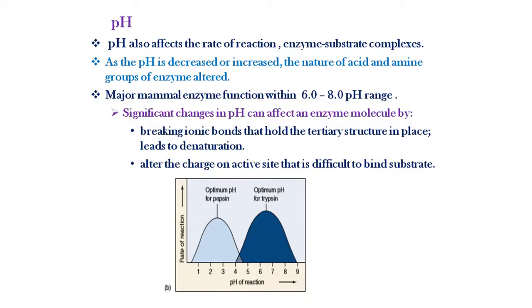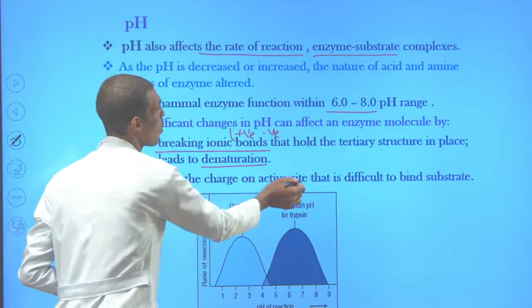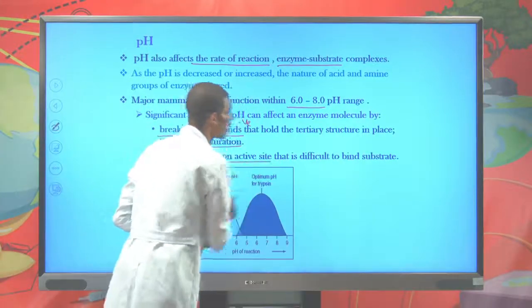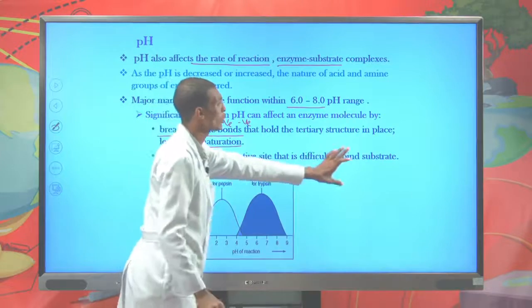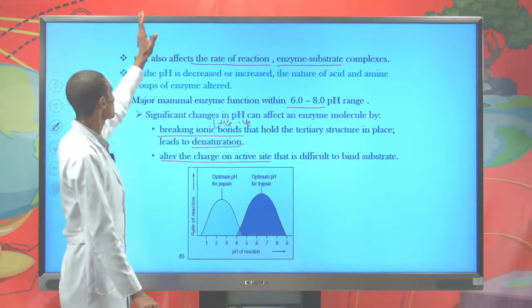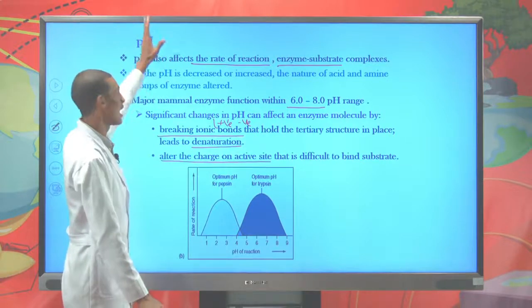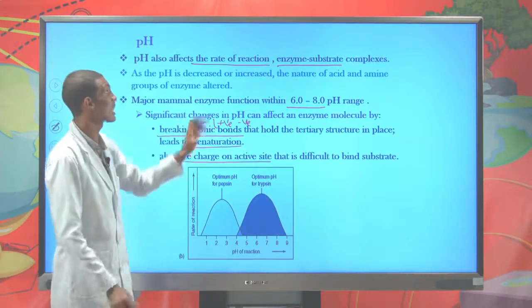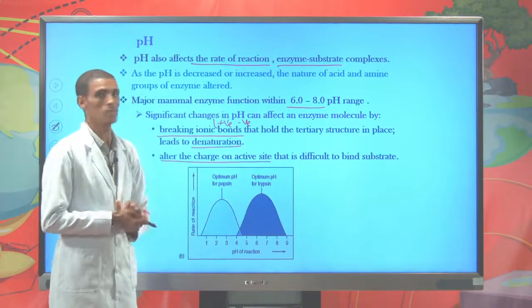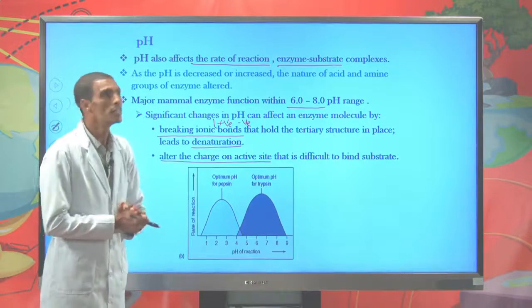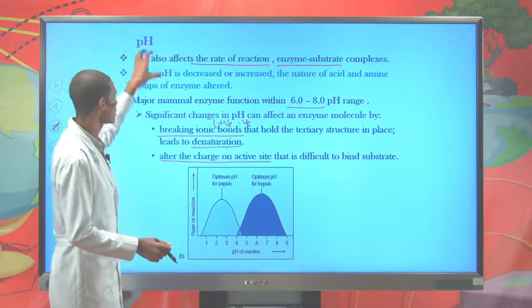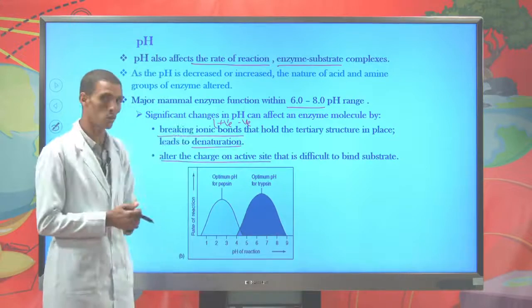Another way is that pH can alter the charge on the active site. If the charge of the active site is altered, it is too difficult for the enzyme to bind to the specific substrate. So pH is another most important factor that affects the rate of the reaction, the rate of enzyme-substrate complex formation. All organisms have their own body pH at which their body enzymes work properly.